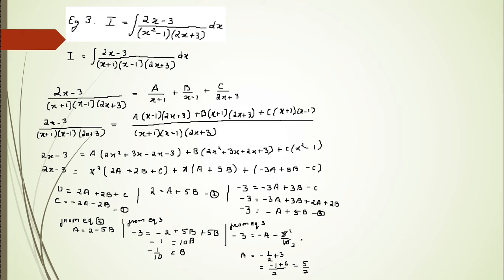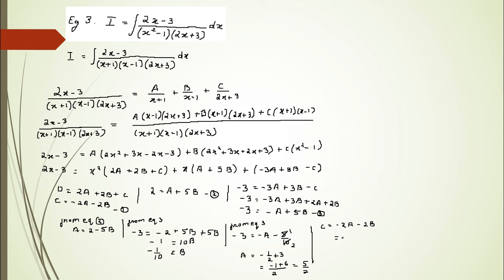Now I got the value of b, I got the value of a. Now I need the value of c. So I can put the value of a and b in equation 1. I know c is equal to minus 2a minus 2b.